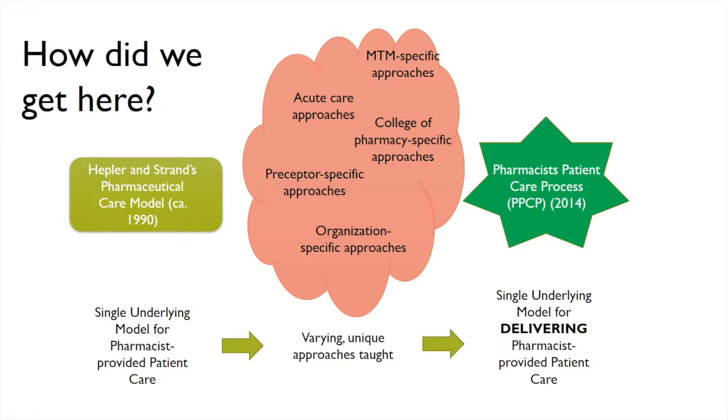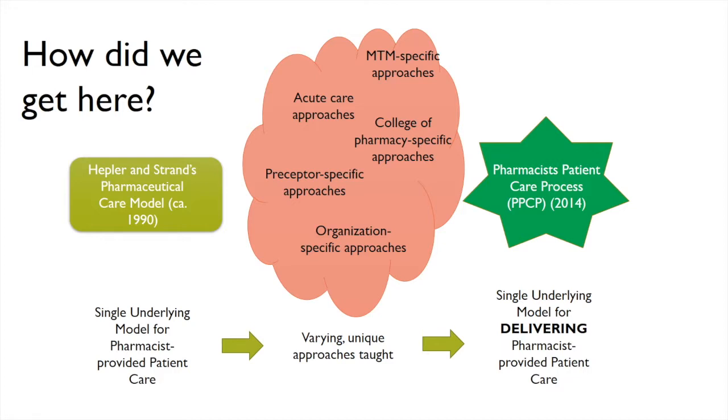These include acute care approaches, medication therapy management specific approaches, College of Pharmacy specific approaches, and institution or organization specific approaches. In other words, a hospital practicing pharmacy in Memphis, Tennessee may look very different from a center in Fresno, California, because there was at that point no unifying definition in place.